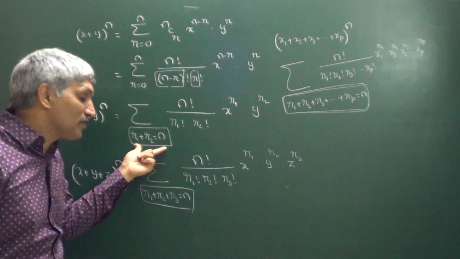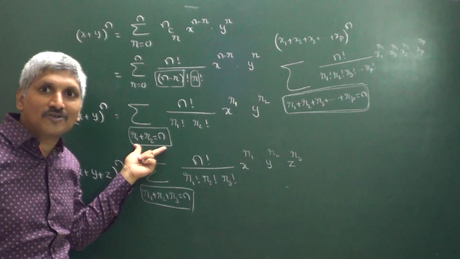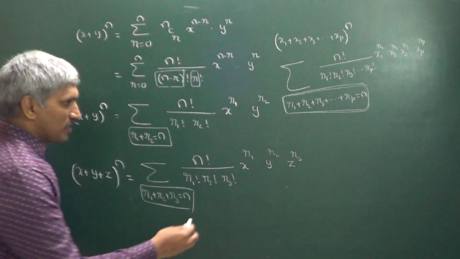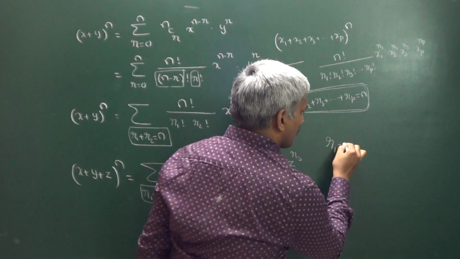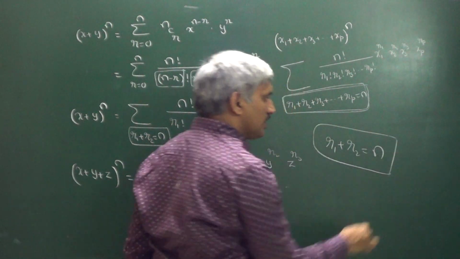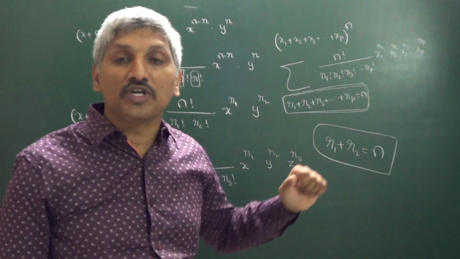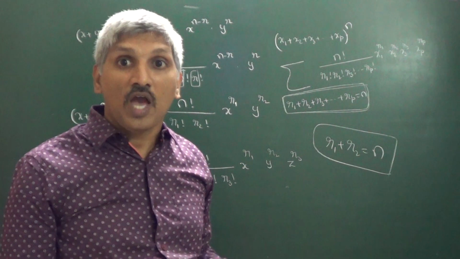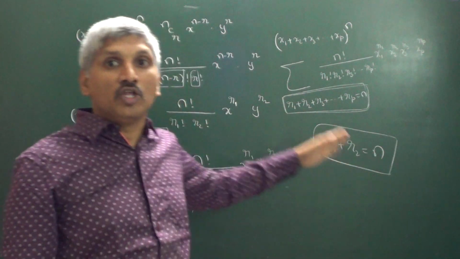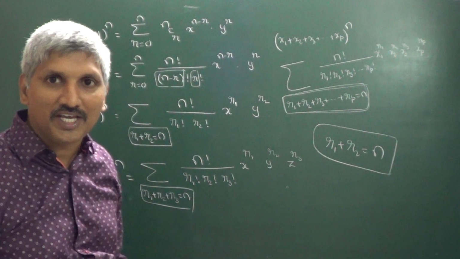Because we are saying r1 + r2 = n. How many non-negative integral solutions are there? Those many terms are present here.